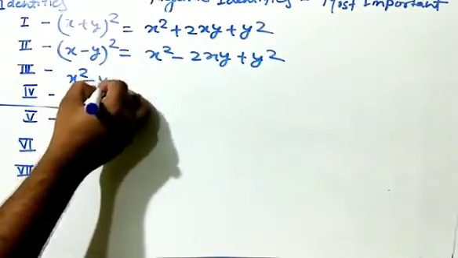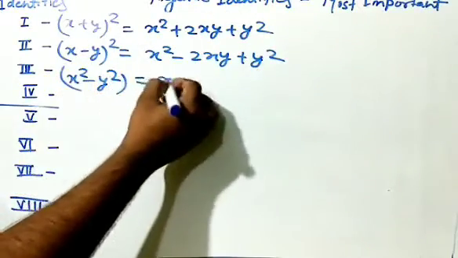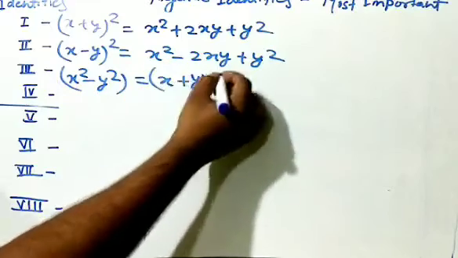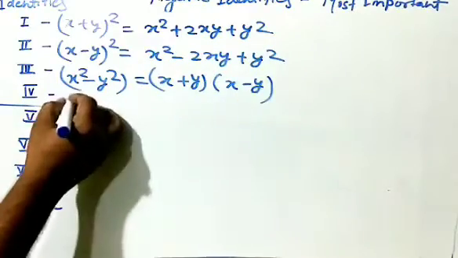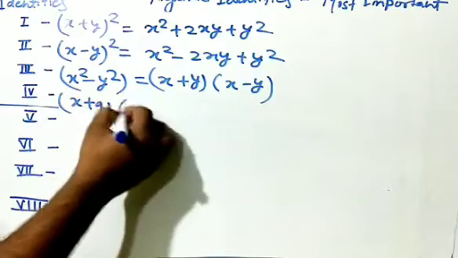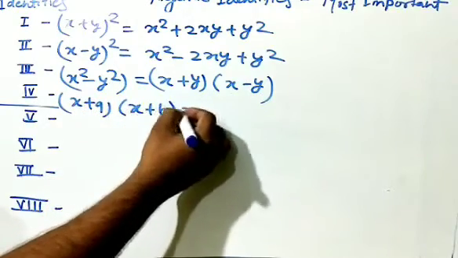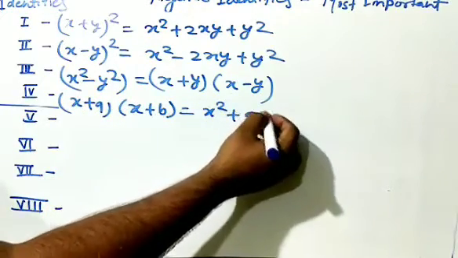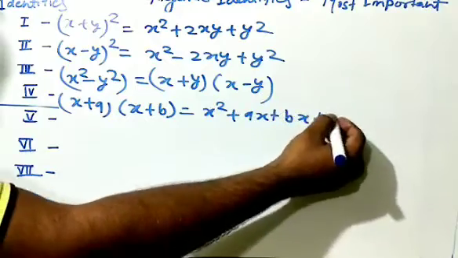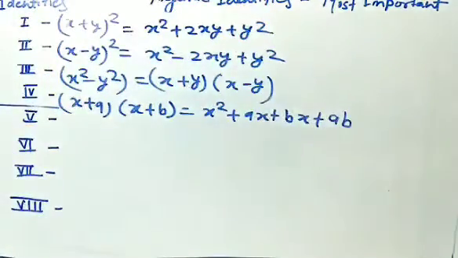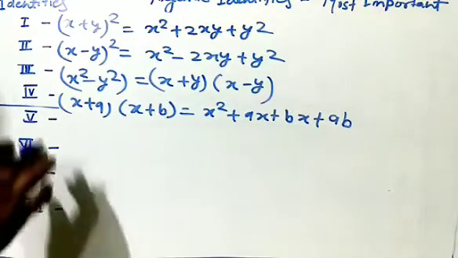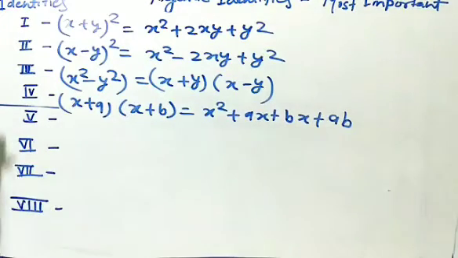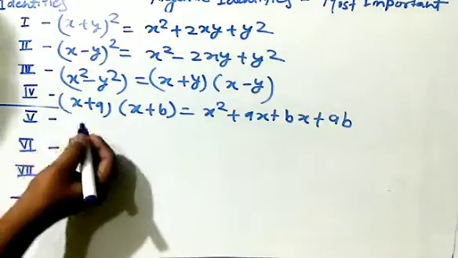And x square minus y square equals x plus y times x minus y. And x plus a multiplied by x plus b equals x square plus ax plus bx plus ab. So these 4 identities are very easy and hopefully you have studied them in the last class. The last 4 identities are new for all of you 9th class students.